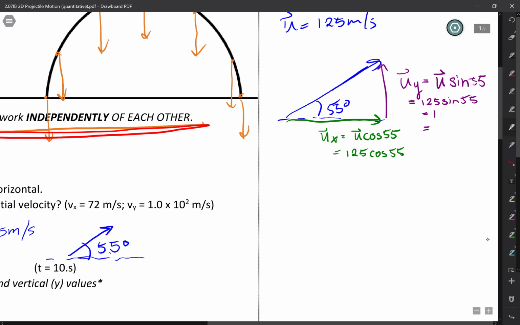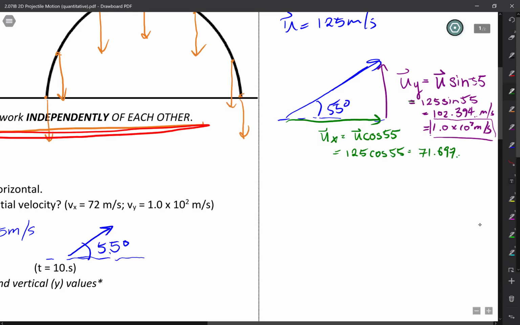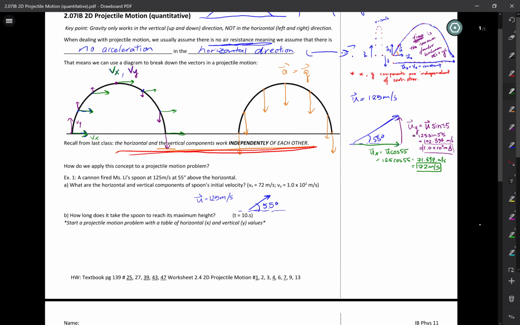Or this is 1.0 times 10 to the power of 2 meters per second to round that off. On the horizontal side, we have this one equal to 71.697, which gives us 72 meters per second. So those are our horizontal and vertical components.